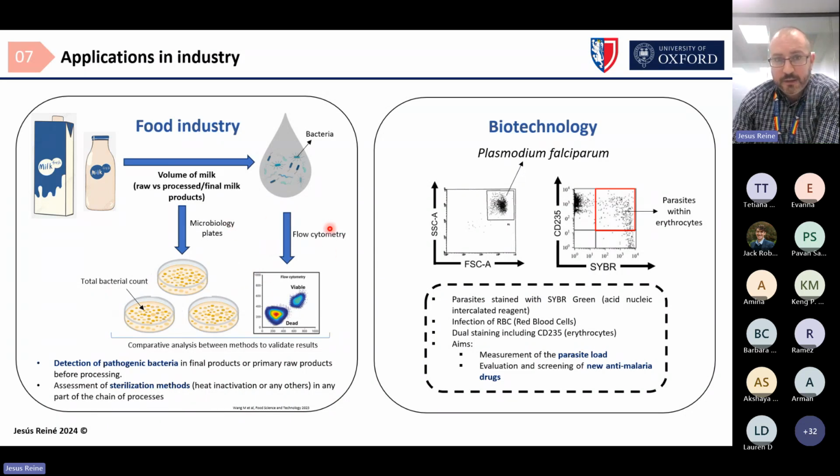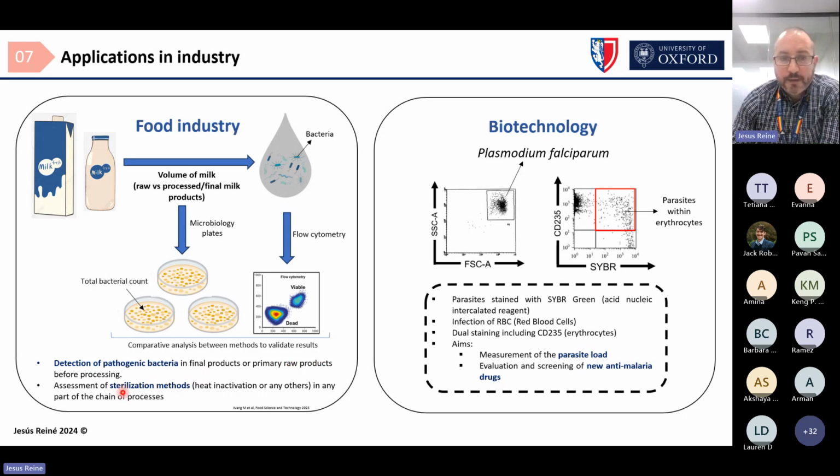One of them is flow cytometry, and another one is microbiology. So they use the same product of milk, raw milk or processed final milk, in different plates, and they count the bacteria and then correlate the data that they have in the microbiology compared to the flow cytometry to validate the results. This is really important because it can help us to identify the presence of pathogenic bacteria in final products or in primary raw products in the processing of them.